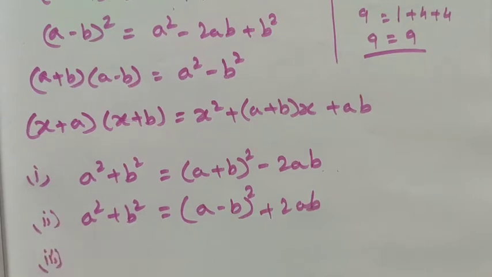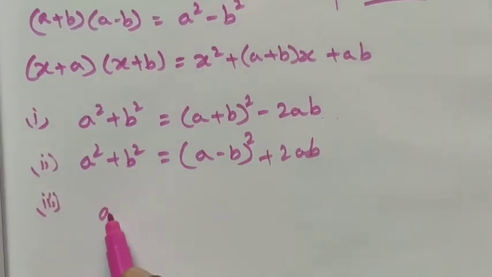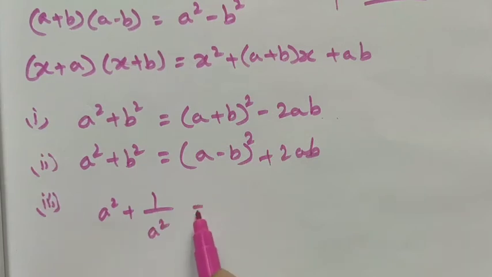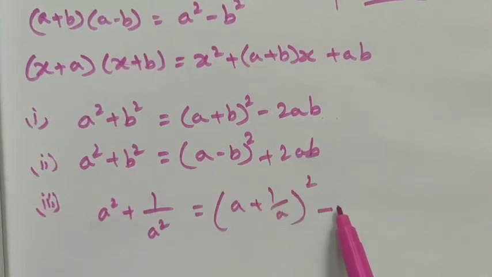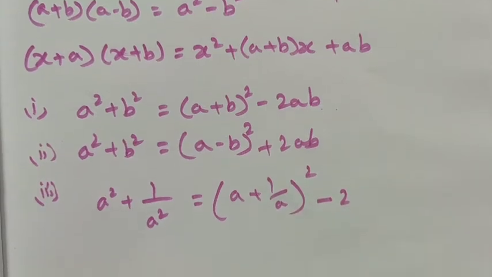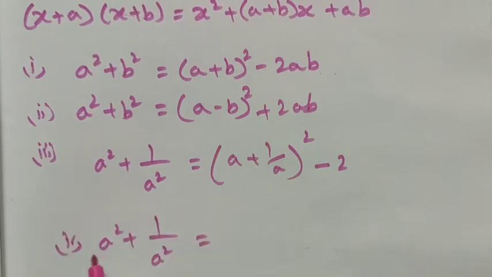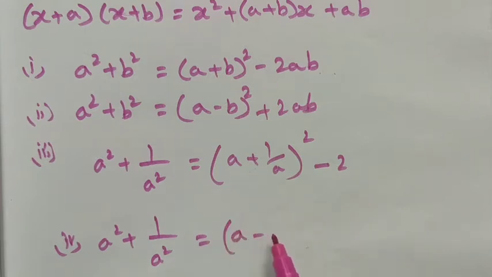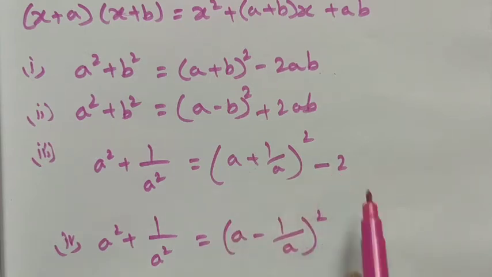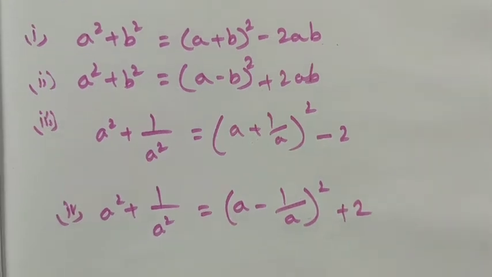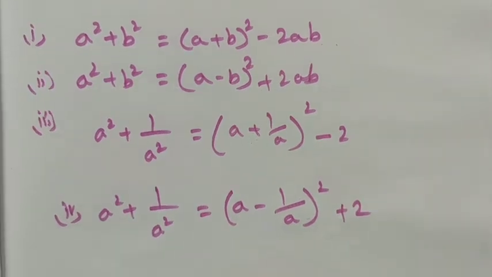Then the third one, a square plus 1 by a square is equal to (a plus 1 by a) whole square minus 2. The same formula can be written with a negative value: when I put (a minus 1 by a) whole square, we get plus 2. These are the deduced identities we have studied in our lower classes.